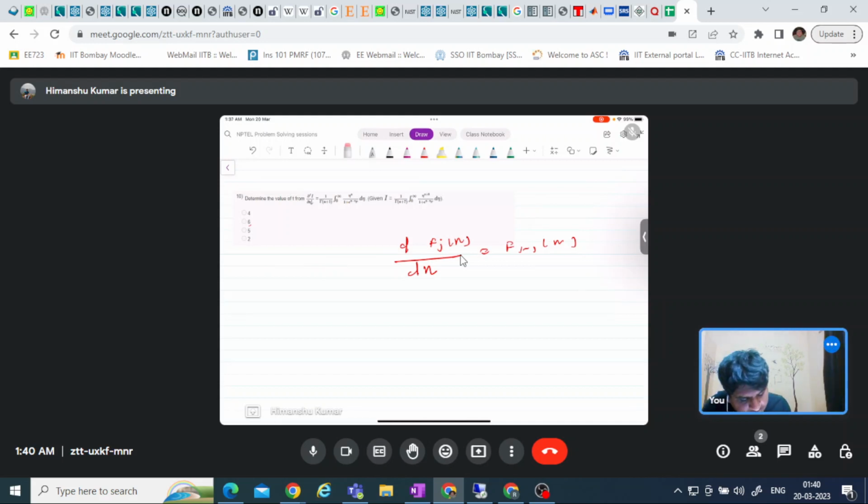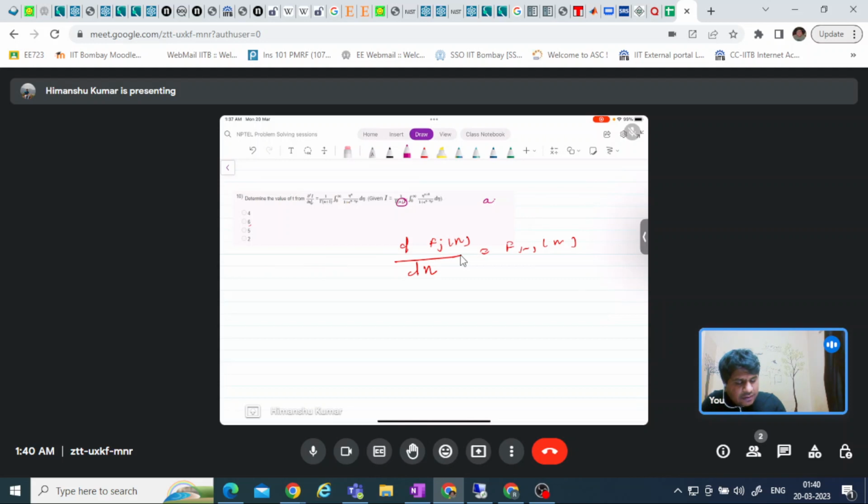To reduce the order of this function by 6, we need to take the derivative six times. So then a plus 7 will reduce to a plus 1. We need to reduce it by a factor of 6.